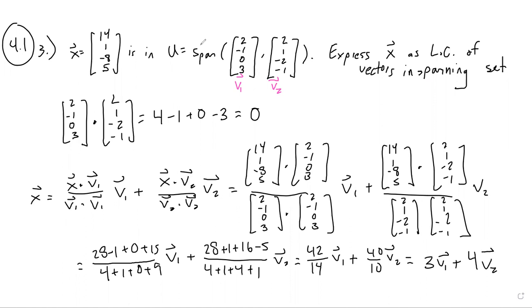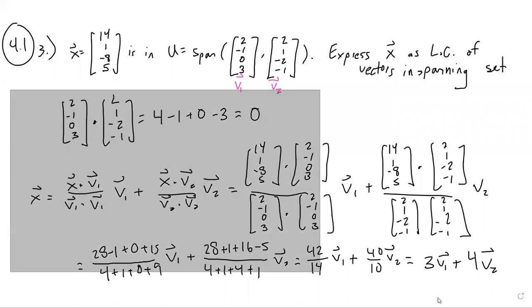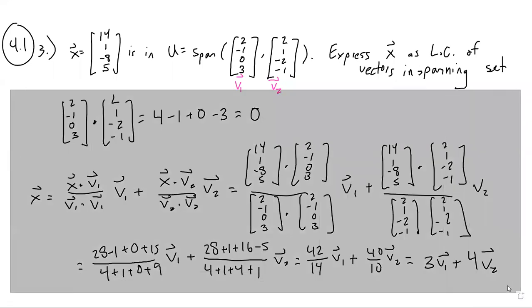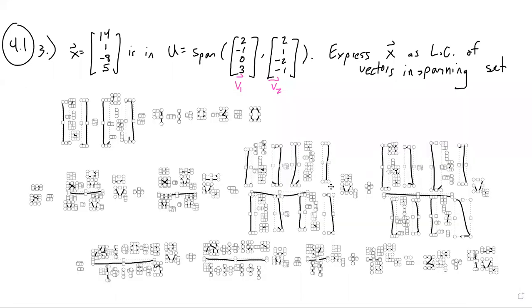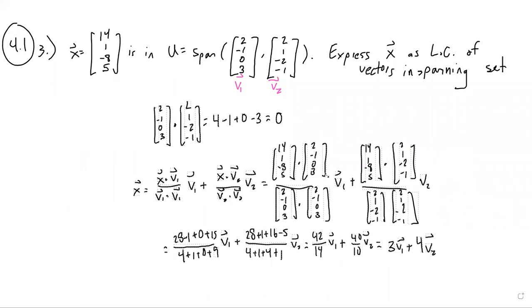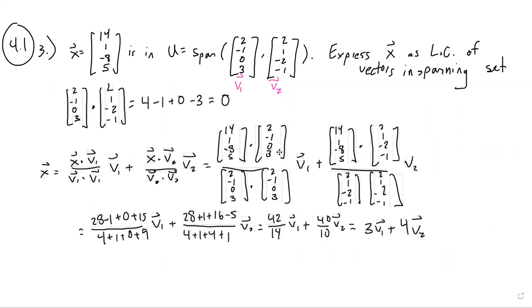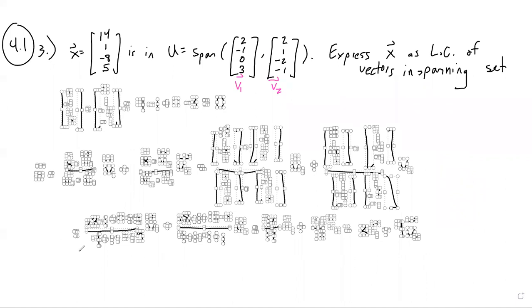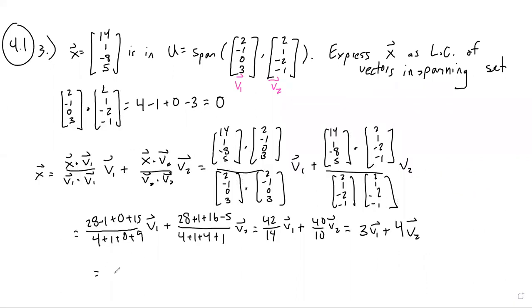And maybe I will just write those back in so we can check our work on this. So 3 v1, so 3 times 2, negative 1, 0, and 3, plus 4 times 2, 1, negative 2, and negative 1. So that should be our answer.